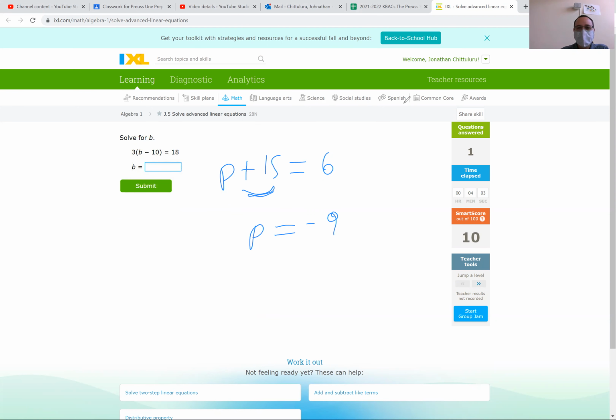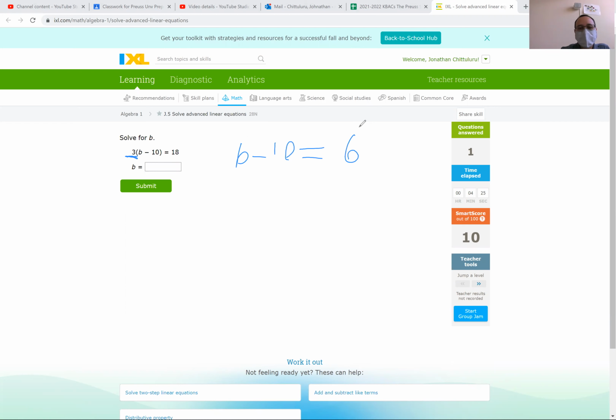Okay, let's clear off what we have. Now 3 times b minus 10 equals 18. First order of business, we have to get rid of this 3. Since we're multiplying the left side by 3, we divide both sides by 3. We get b minus 10 equals 18 over 3, which equals 6.